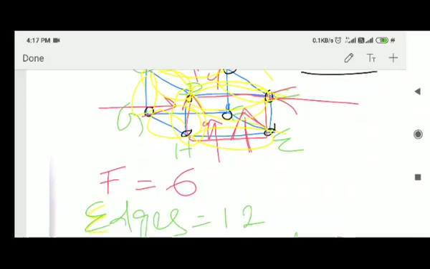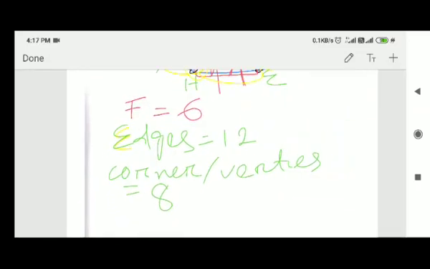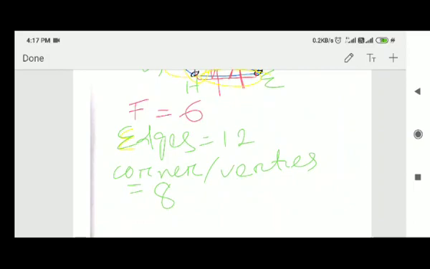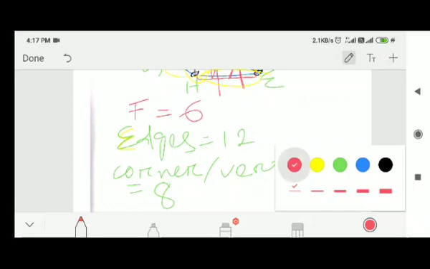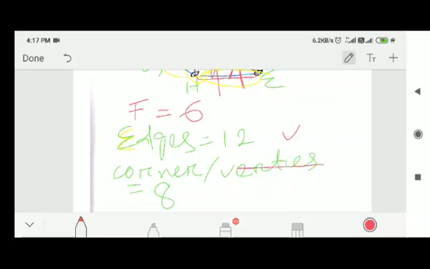So in a cuboid there are 6 faces, 12 edges, and 8 corners or vertices. Vertices spelling: vertices. So this is about your cuboid.